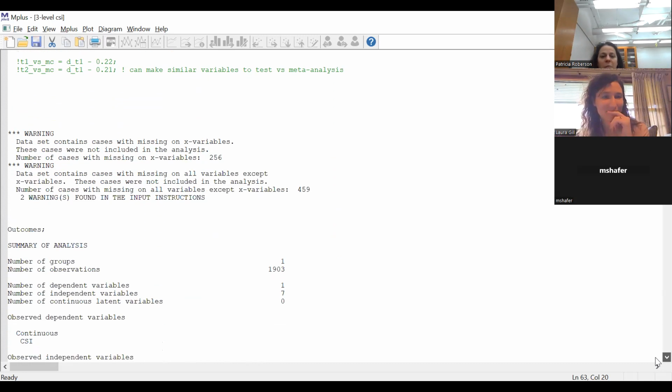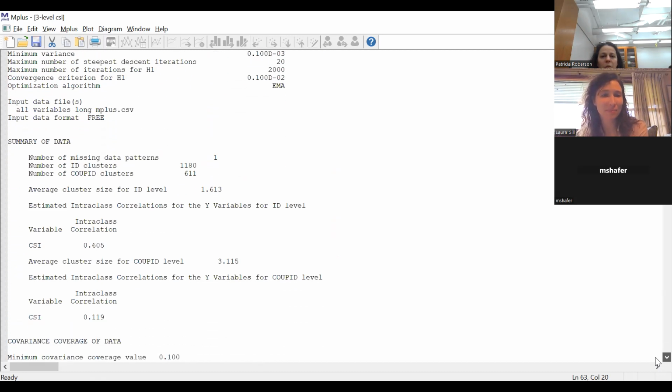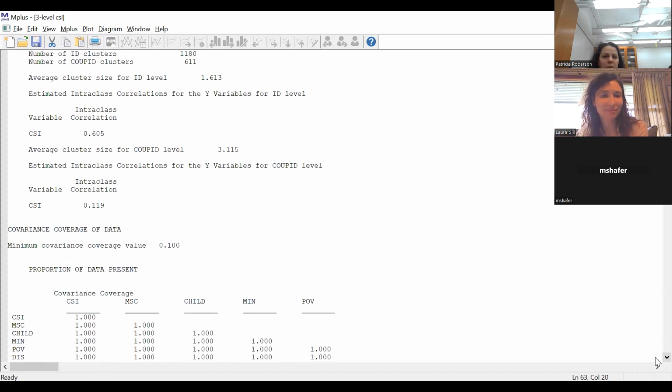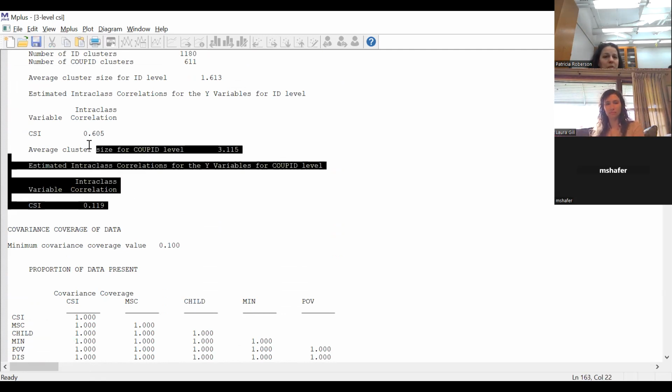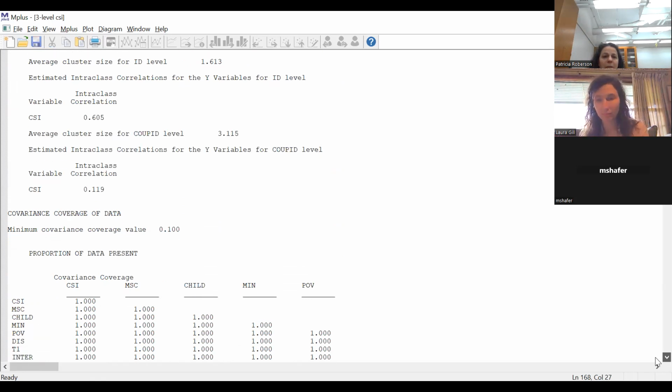Okay, so the output here. Go all the way down. This is your interclass correlation, which is fairly high. And then on the couple level, there's a lower interclass correlation, which retrospectively I probably should have reported as an outcome in this study, but I did not.